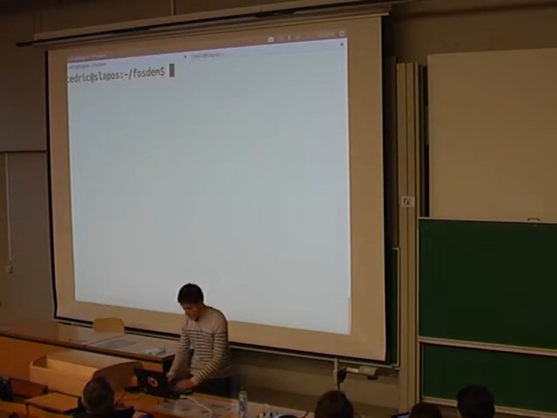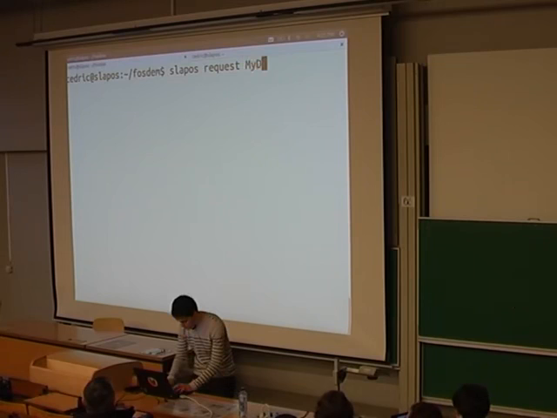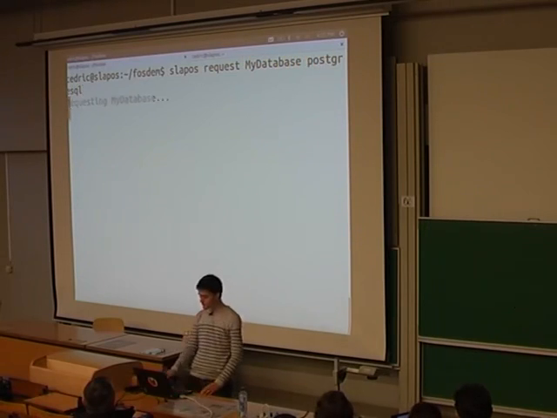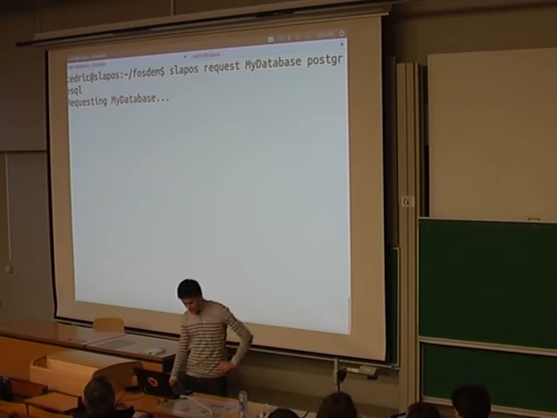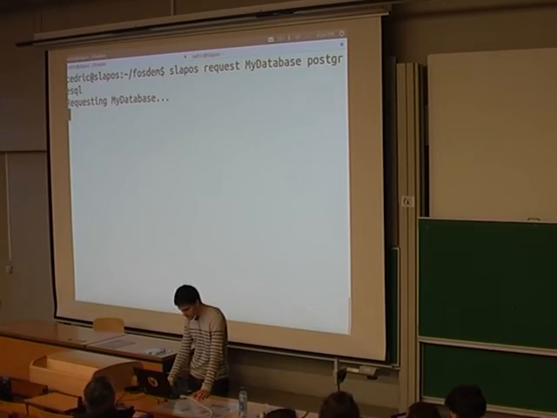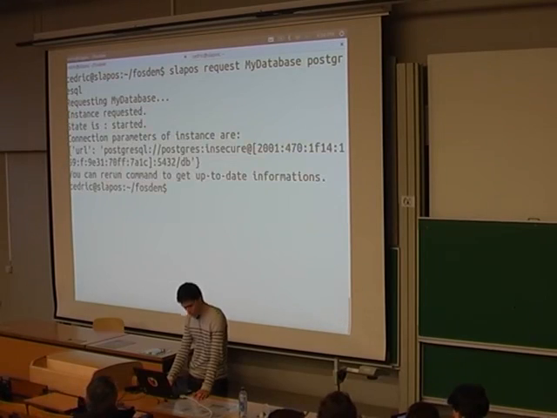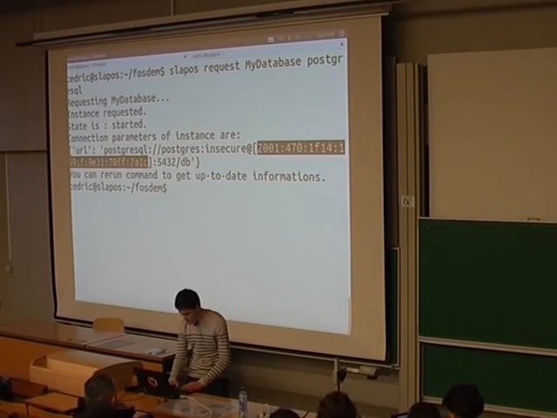Now we will request an instance of a database, a Postgres database. It's requesting again. Come on. Okay, it's ready, and this time I will connect directly to the IP. This is an IPv6.